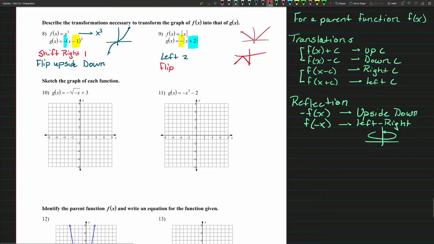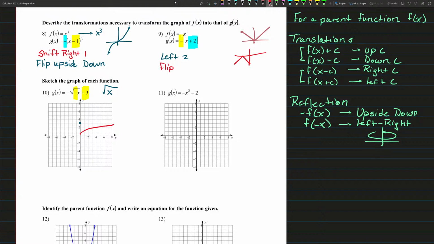Again, that's pretty much exactly what 10 and 11 are asking us to do. Our parent function in number 10 is absolute value of x. This positive 3 says to move it up 3, so we're going to start right there. Our original graph actually looks like this.